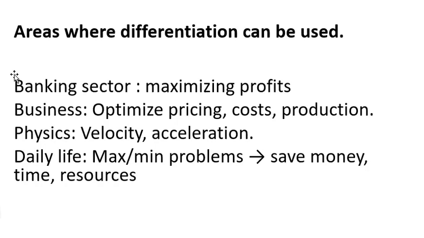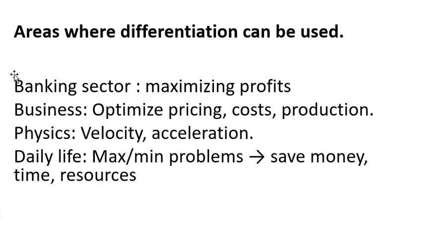So they use it to maximize their profit or minimize their cost. When you go to the business sector, to pricing of goods, they make use of differentiation. If you want to maximize or optimize pricing, you can use differentiation. Cost, production, if you want to maximize your production or minimize cost of production, you can also use differentiation.